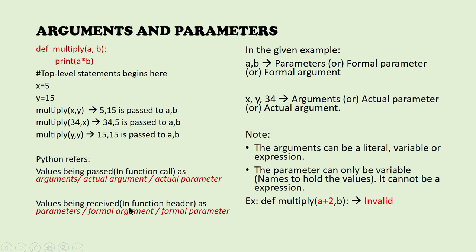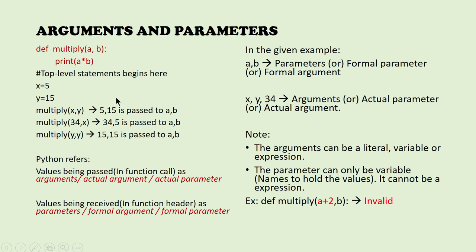The variables used in the function header are referred to as parameters or formal arguments. Actual refers to the function call, formal refers to the function header. So formal argument or formal parameter. Here a comma b are called parameters or formal arguments or formal parameters.